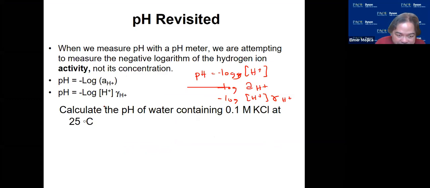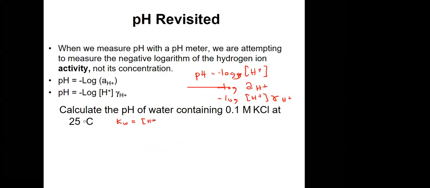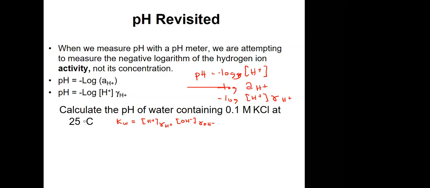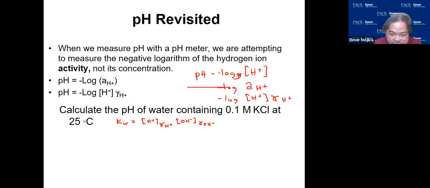So what do we know about the Kw? 1.0 times 10 to the negative 14. Yep, so H+ times the activity coefficient of H+, and then OH- times the activity coefficient of OH-. And then we can look at the values of this, because what is this? What information can we get from that?